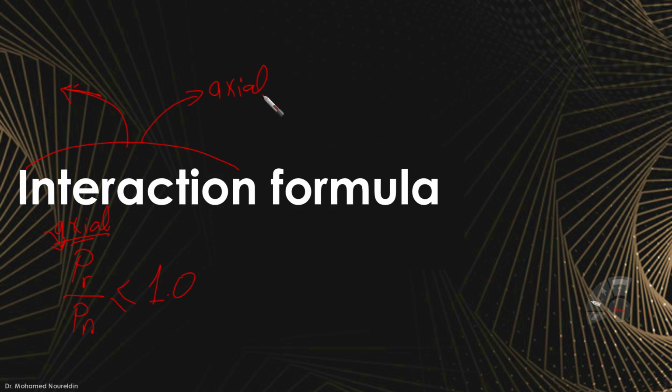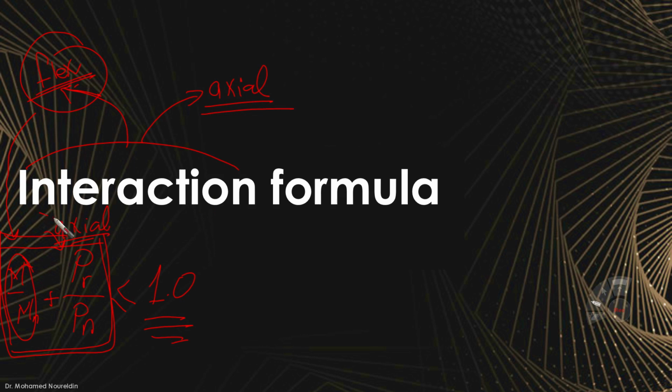The first one is axial and the second is flexural, right? So the left-hand side needs to have something that represents the flexural part. We need to add something here, for example M over Mn, something like this, right? And the combination of the two should also be less than 1.